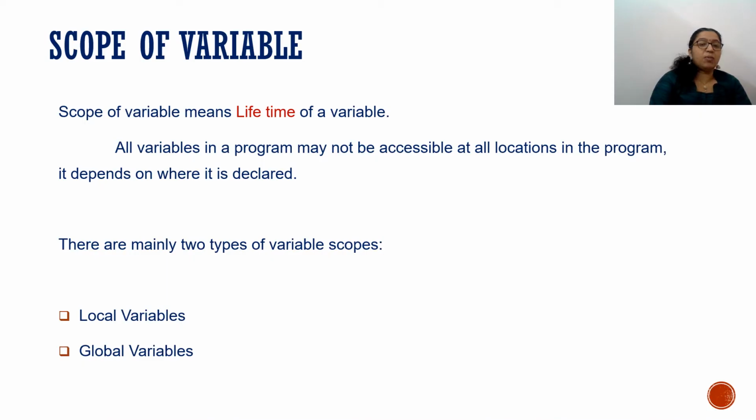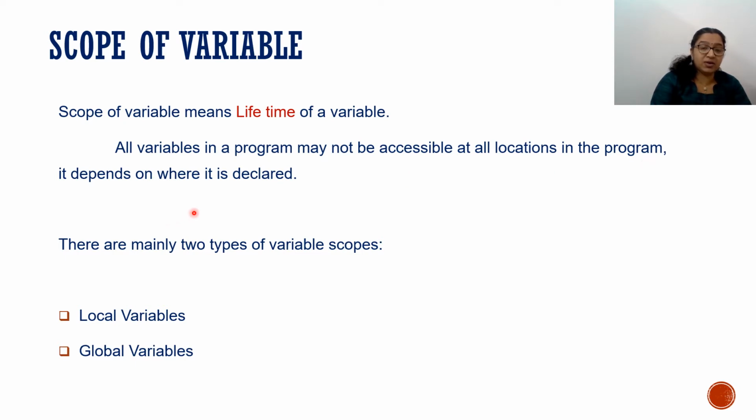So what is scope? Scope of variable means lifetime of a variable. All variables in a program may not be accessible at all locations in the program.